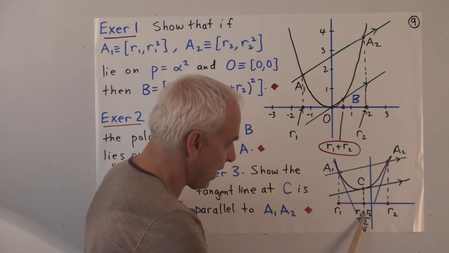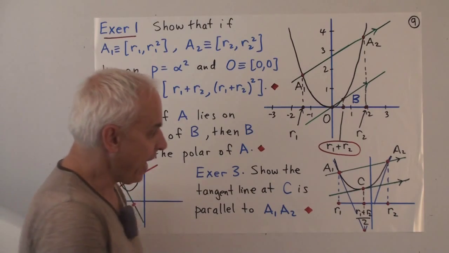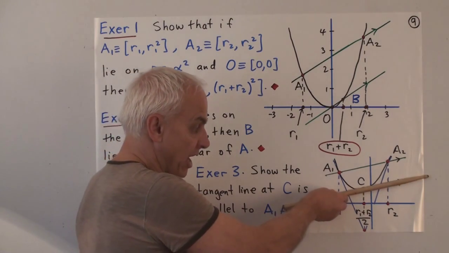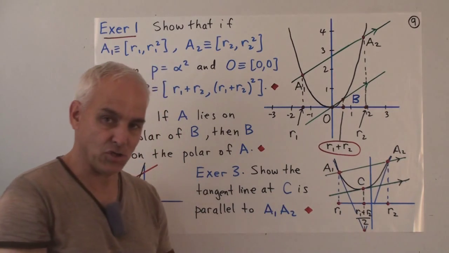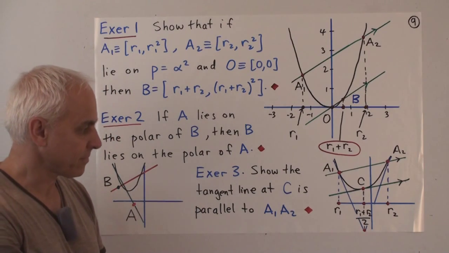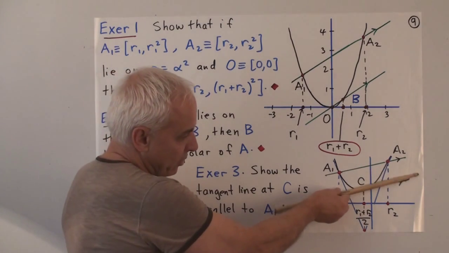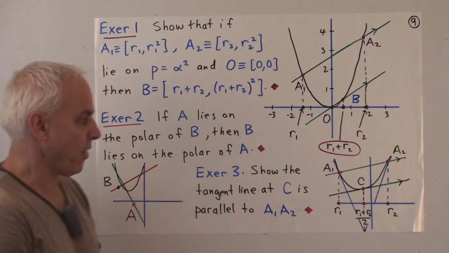So you just go vertically up or down till you hit the parabola, you get a point. And the claim is that if you look at the tangent line at that point, it's going to be parallel to the line joining A1 and A2. This is not necessarily horizontal, right? It could be anywhere depending on the chord A1, A2.